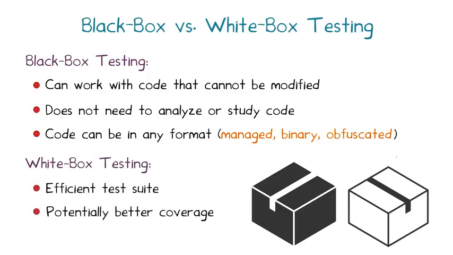The tester is potentially able to construct a more efficient test suite with potentially better coverage than black box testing could. Both kinds of approaches are useful and typically a combination is needed. Let's take a look at a concrete example next that illustrates black box and white box testing.